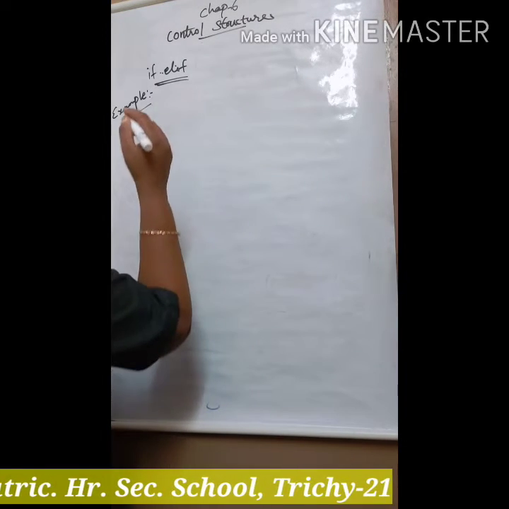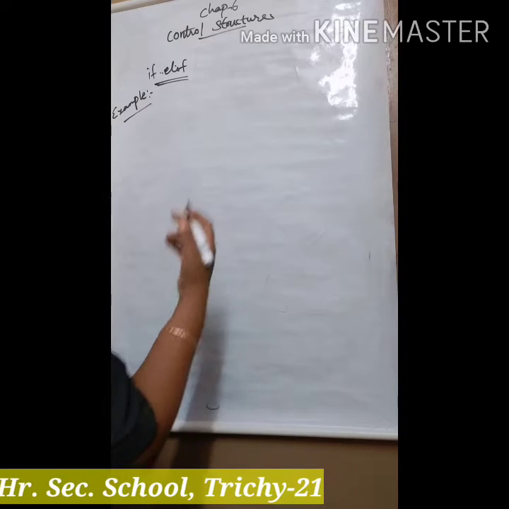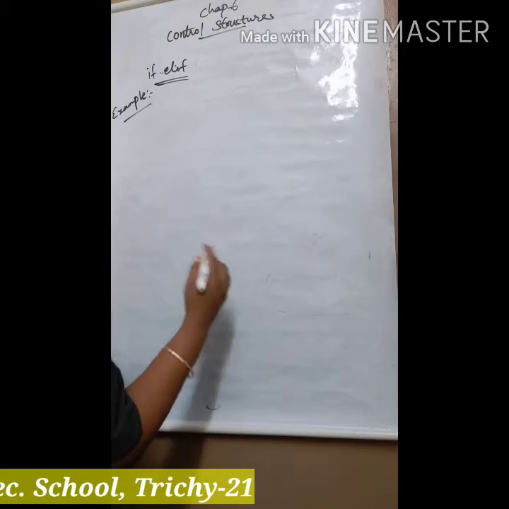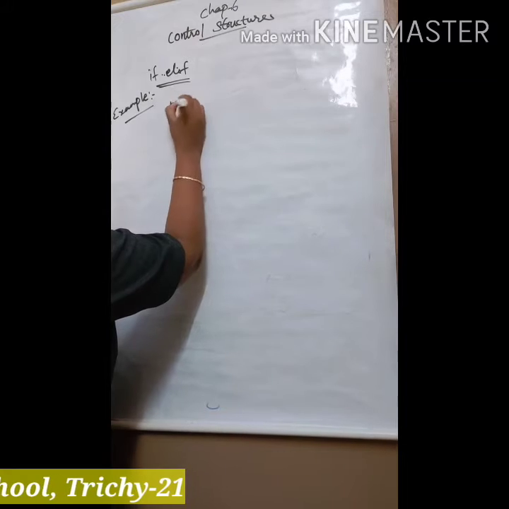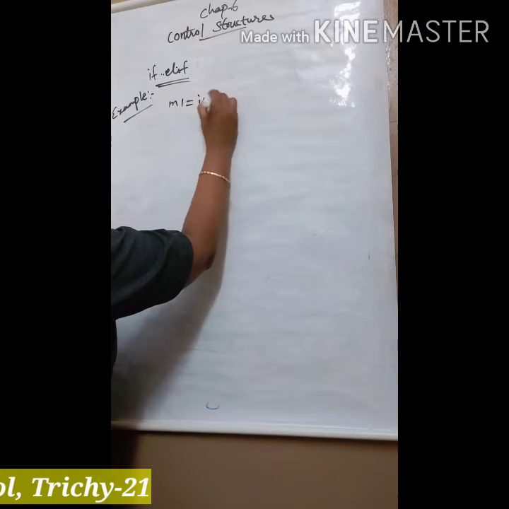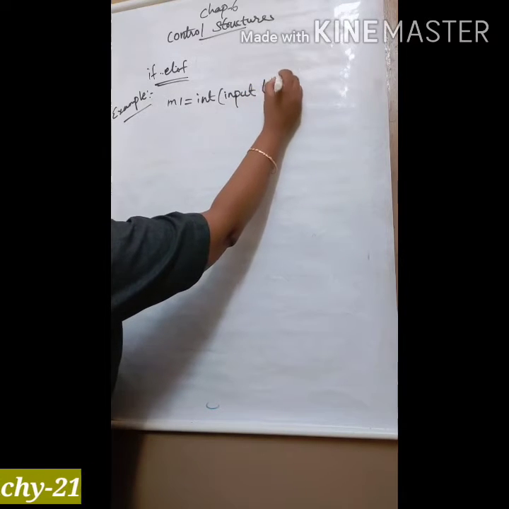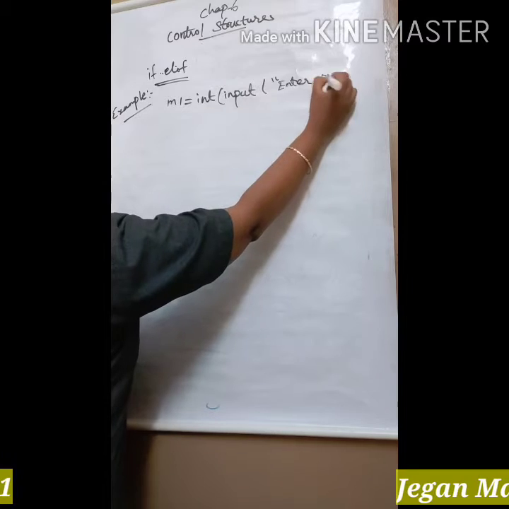Now we are going to write one simple example program for if elif to find the total and average and register the grade. So here I am going to add 2 marks. First one is mark 1 equals int input, enter mark 1.